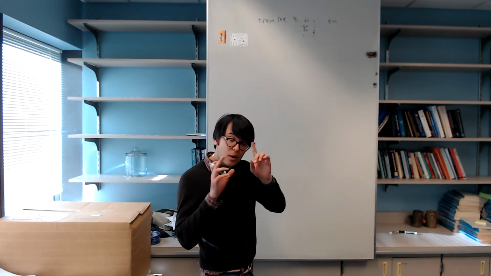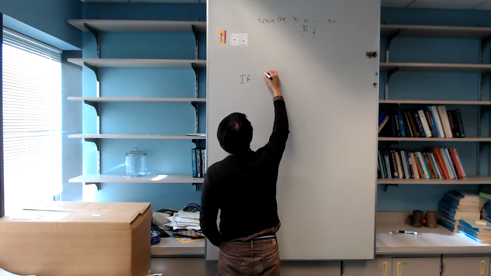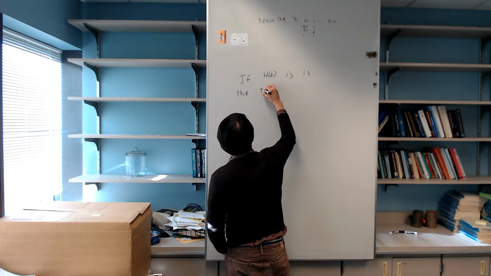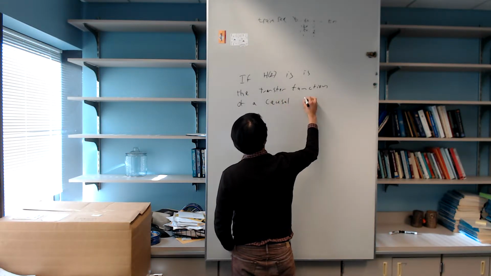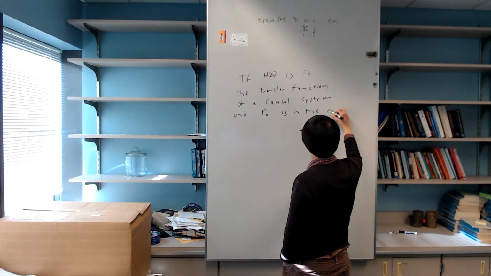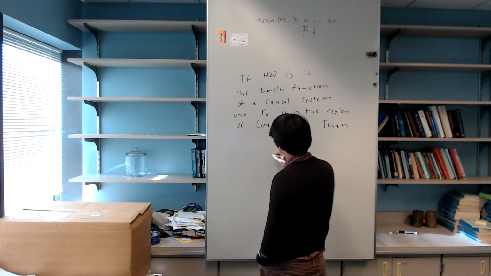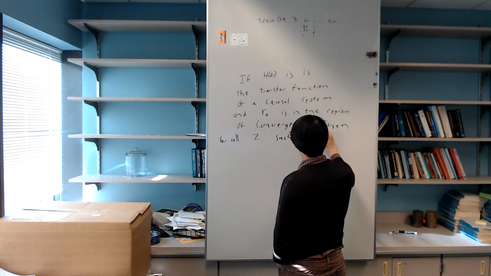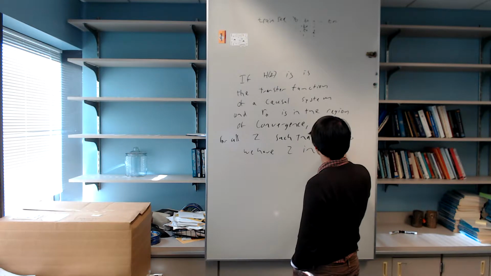In particular, I want to show that if H(z) is the transfer function of a causal system, and R0 is in the region of convergence, then for all z such that |z| is greater than R0, we have z in the ROC.